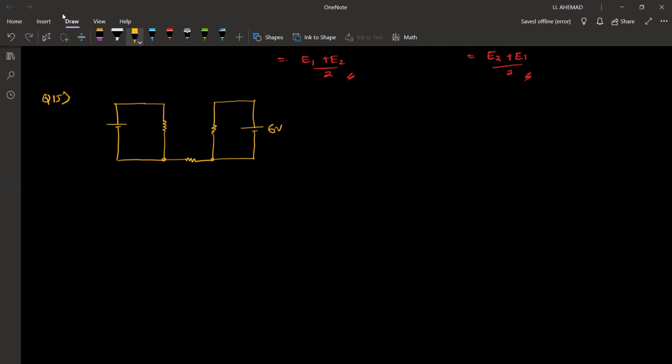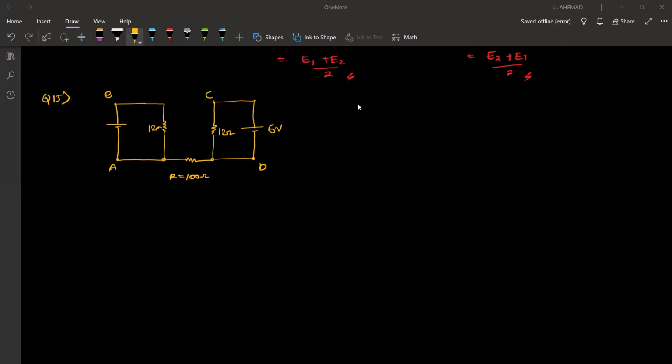The voltage across this? And your one, it's given as 4.